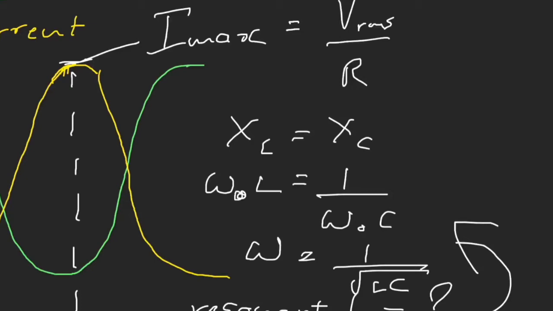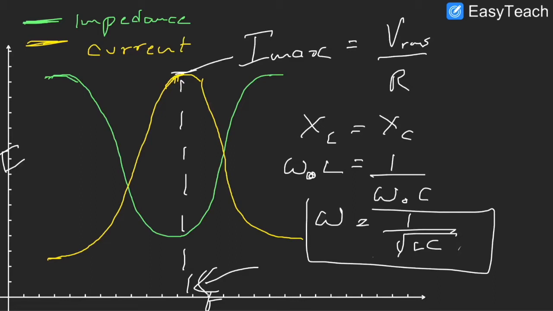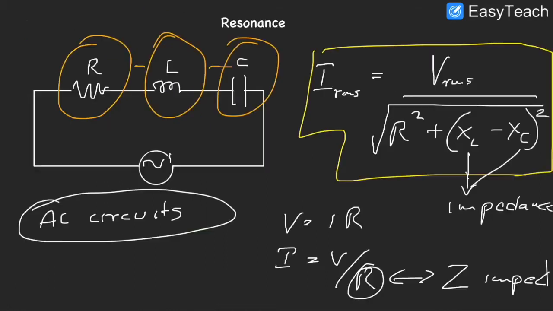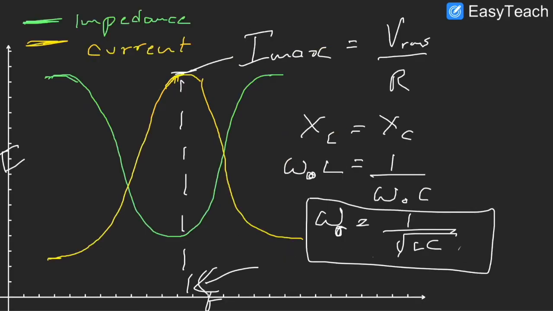That is the simple formula to find at what frequency resonance occurs. If you know the value of L and the value of your capacitor, you can easily plug those values into this formula and get your frequency, and that is when resonance will occur.